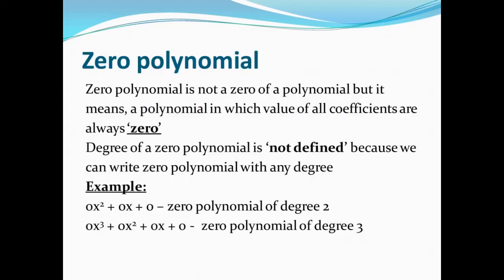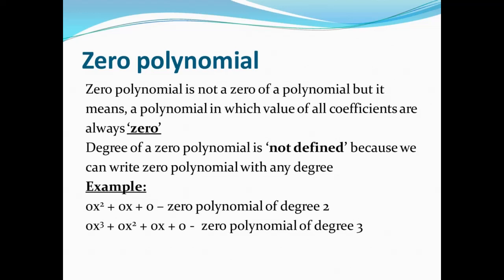Next is zero polynomial. Students, even after repeating so many times in the classroom, some students may get confused between zero polynomial and zero of a polynomial. Please note it down, zero polynomial is not a zero of a polynomial. I repeat, zero polynomial is not a zero of a polynomial, but it means a polynomial in which values of all coefficients are always 0.